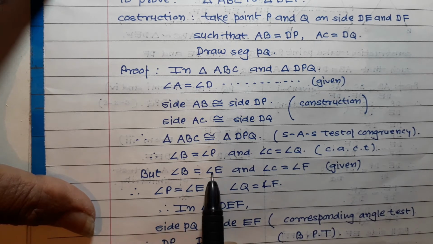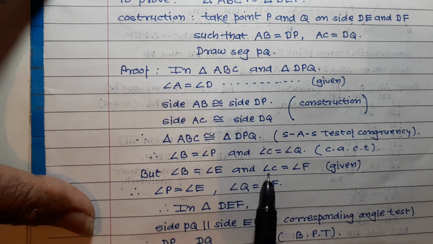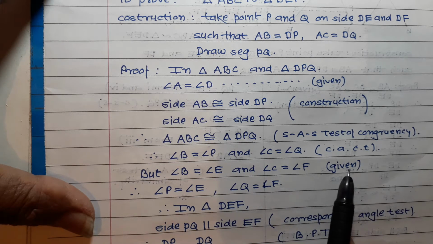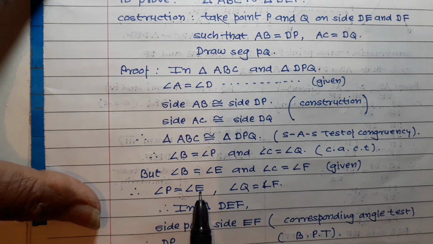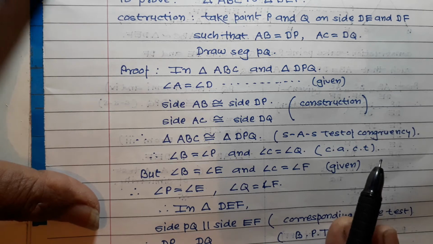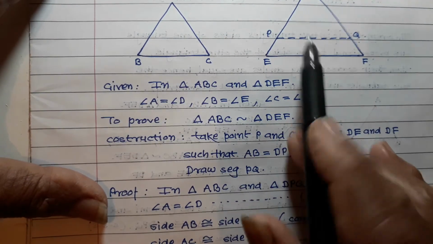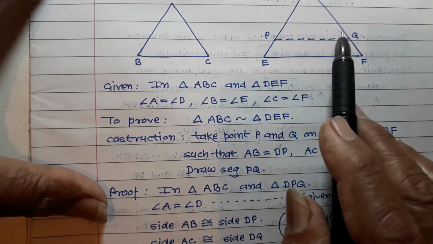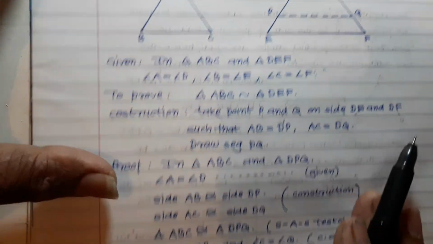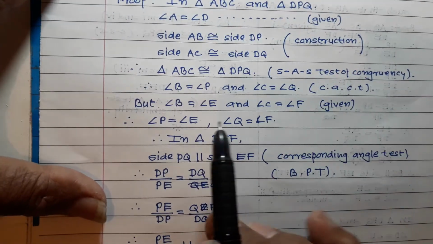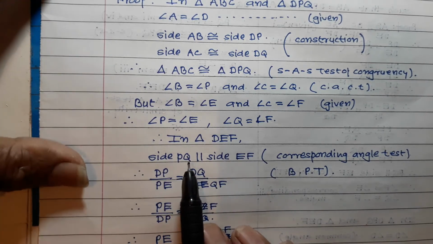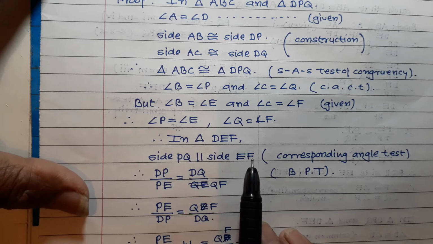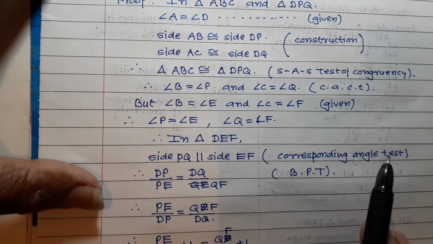But angle B is equal to angle E and angle C is equal to angle F, given, and therefore angle P is equal to angle E and angle Q is equal to angle F. That means this angle and this angle are equal, this angle and this angle are equal. Now in triangle DEF, side PQ is parallel to side EF, by the corresponding angle test.